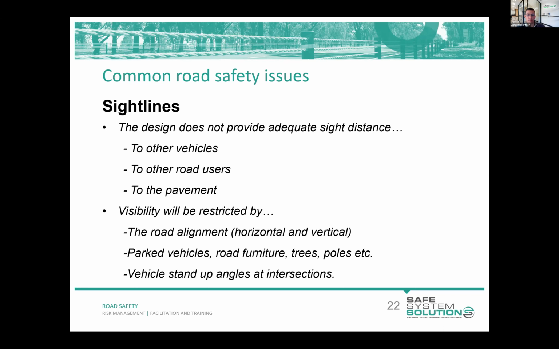Vehicle stand-up angle refers to the angle at which you approach an intersection. It's desirable that you approach at a right angle or as close to a right angle as possible, which allows you to see quite easily in both directions.